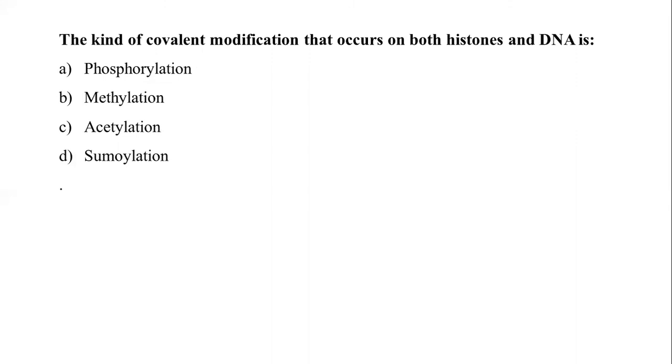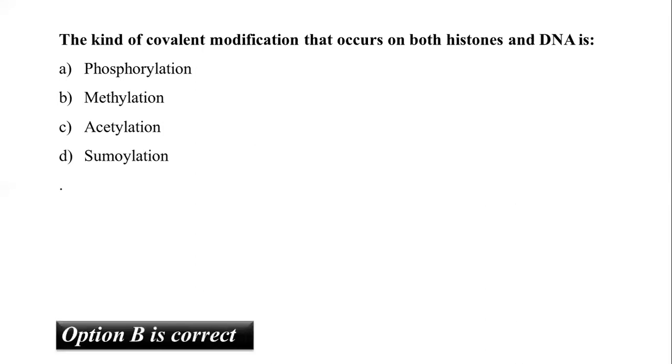The next question is, the kind of covalent modification that occurs on both histone and DNA is? Both DNA methylation and histone modification are involved in establishing a pattern of gene repression during development. So the correct answer to this question is option B, methylation, which happens both on DNA as well as in histone modification.